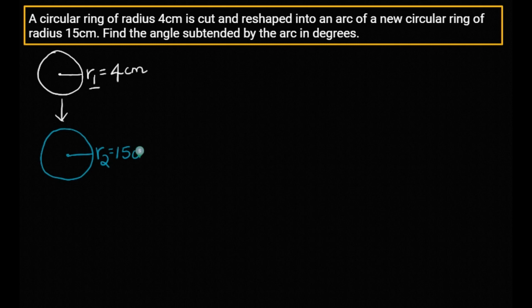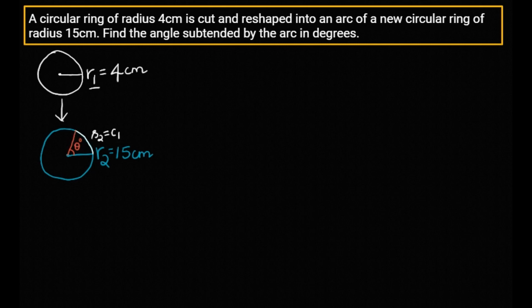So the arc is formed by the first circular ring. So let this be the arc formed by the ring of radius 4 centimeters. Let the length of the arc be S2, which is equal to the circumference of the first circular ring. So we have to find the angle subtended by the arc in degrees. That is, we have to find theta in degrees.